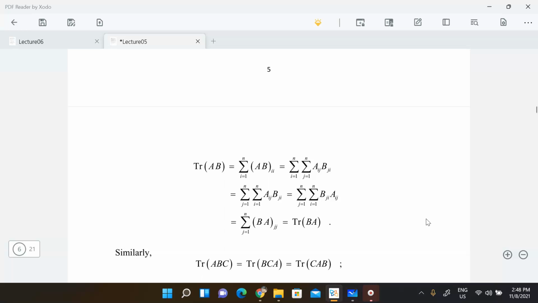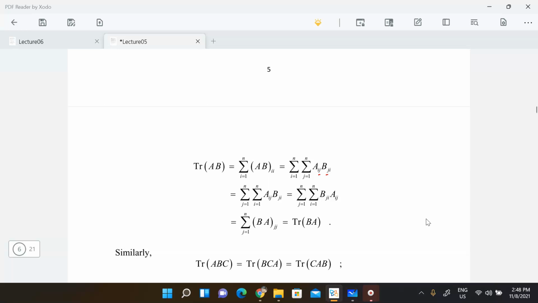Well, one introduces another sum, where this j, which gives you the column, must multiply with the row of the other matrix. So I get A_ij times B_ji. So what happens over there is that this index is the same as this index.